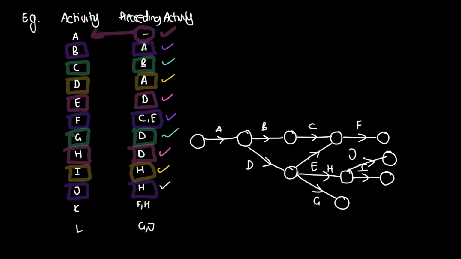Okay. Next up, we're going to have K. And K requires both F and H. So this one's quite interesting, and you can see our diagram is looking a bit messy now. So we may want to neaten it up a bit so we can have something that connects both our F and our H. But technically we can add a dummy activity.